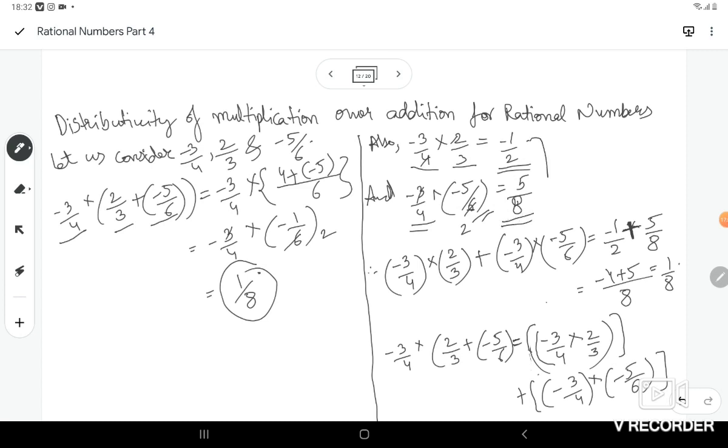Now on adding these numbers, that is minus 1 by 2 and 5 by 8, and taking the LCM, again we get the result as 1 by 8.